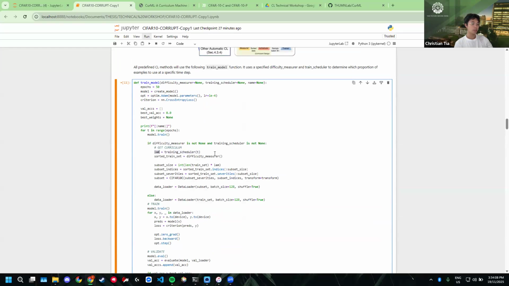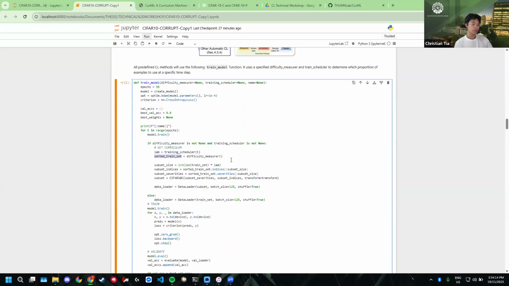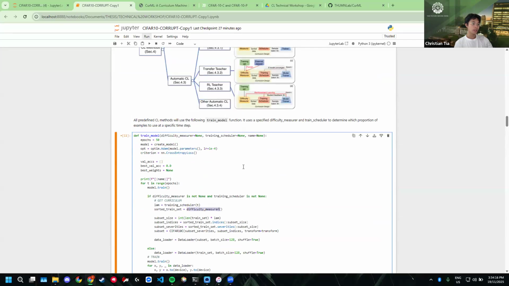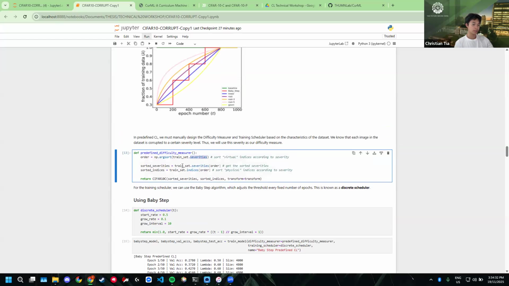And then once you acquire lambda, or the proportion of the data that you'll use, you can sort the training set based on the difficulty measure that you define. In our case, the difficulty measure that we'll be using is the severity level.